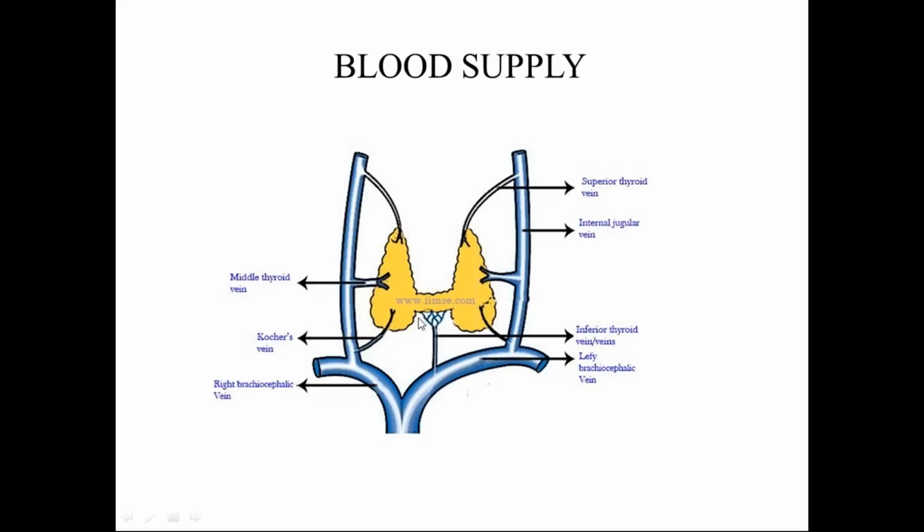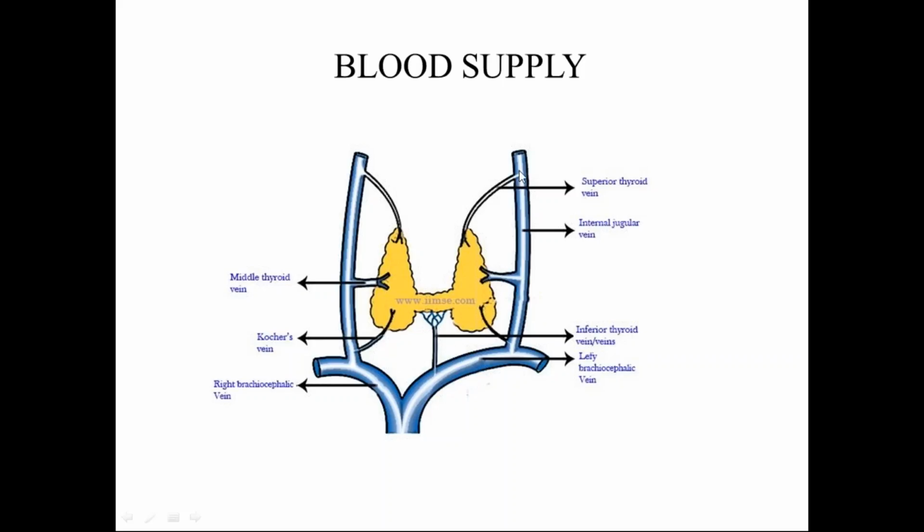Generally it is not present, but before the removal of thyroid, we have to search for this vein and ligate it. Ligature means you are tightly closing the vein by putting a suture. If you don't suture this and try to remove the thyroid gland by cutting this vein, there will be profuse bleeding.